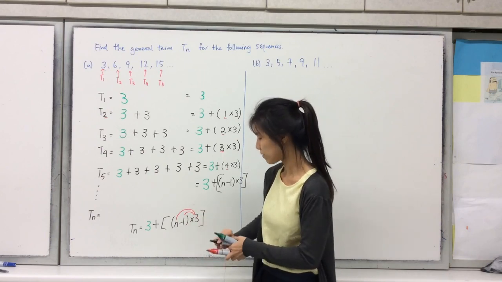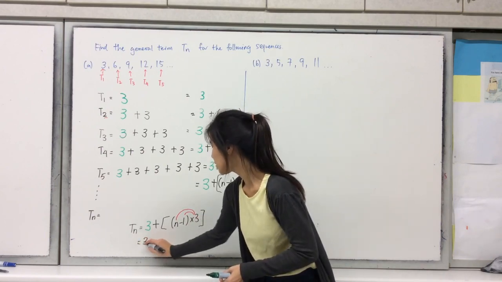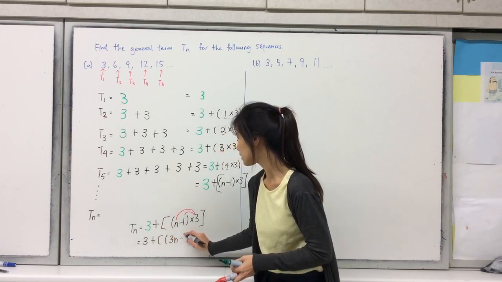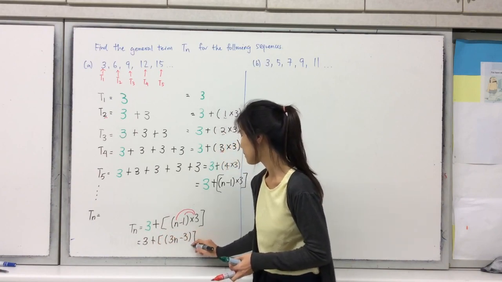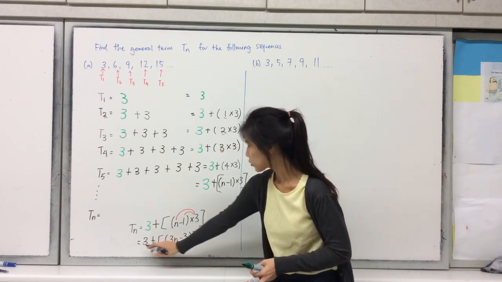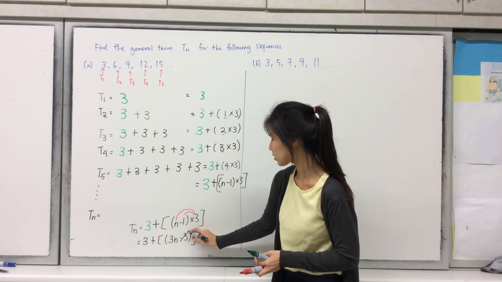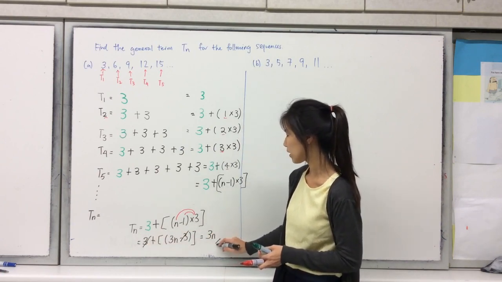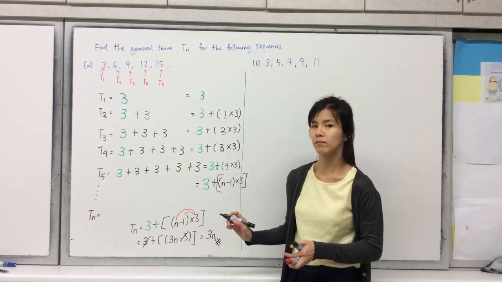So what do you have? 3 plus 3n minus 3. Now you will have this equals 3 plus 3n minus 3, the 3's can cancel out one another, and then you will have Tn equals 3n. So this is your general term, 3n.